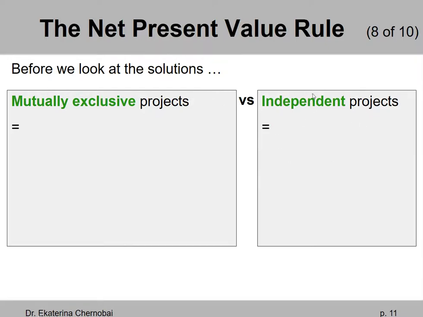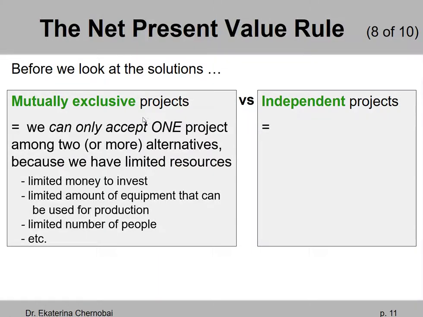Independent means that if both look good, accept both. So mutually exclusive projects would happen if we have some sort of limited resources. So maybe we have limited money to invest, which is only enough to invest into one project, but not two or more, right?